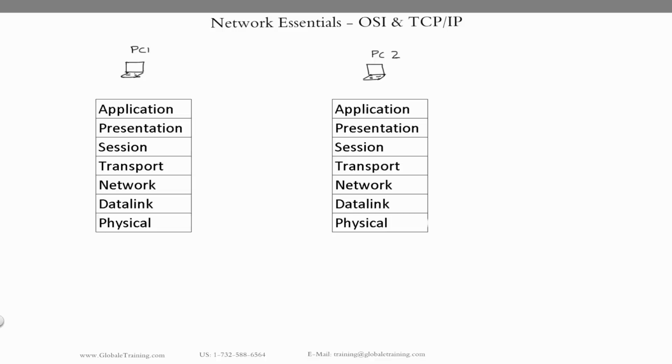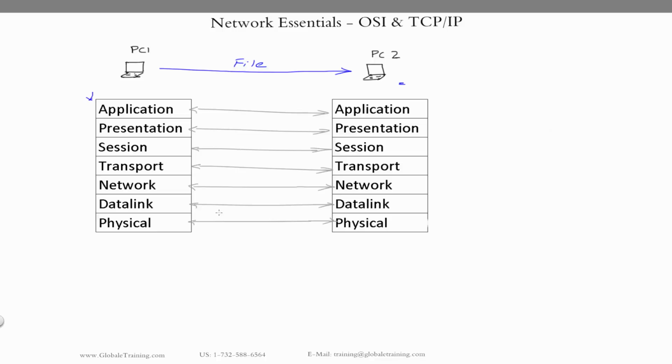The whole idea here is PC1 is trying to communicate with PC2, meaning let's say you're trying to transfer a file from here to here. In order for the file to reach from the source to the destination PC, it has to go through these layers. That's the whole idea here.